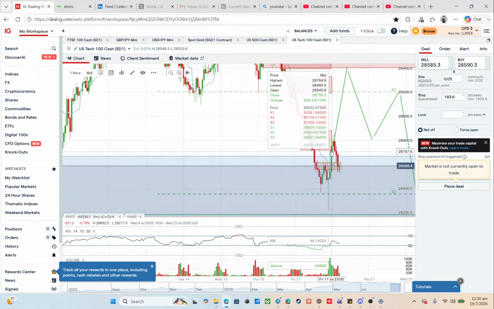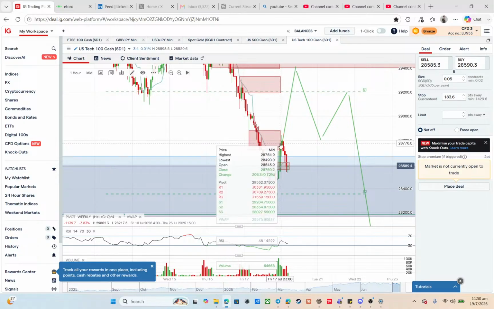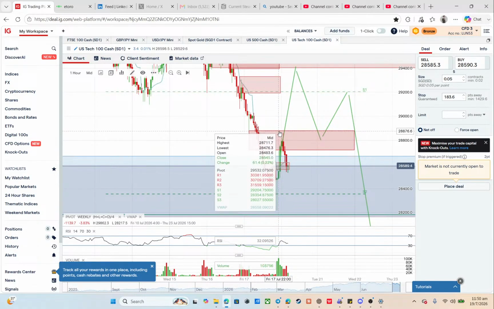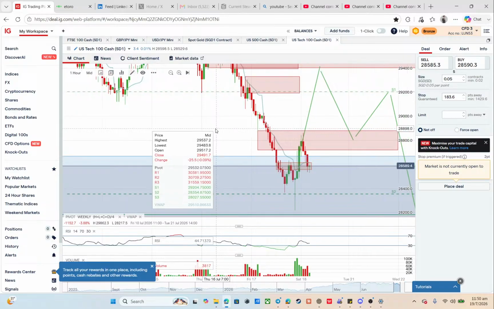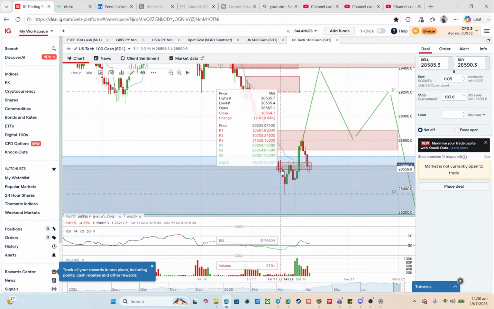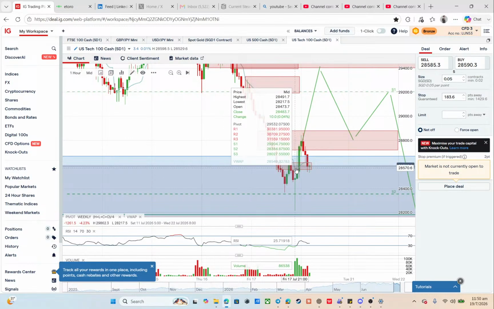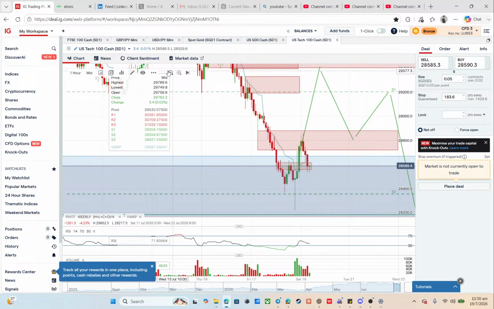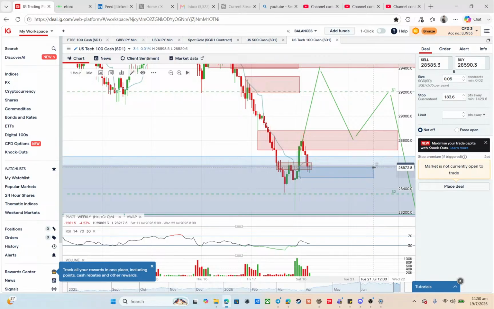Then it went all the way up here to tap this sell zone, and came back down to this sell zone, which is also the buy zone, because it rallied. So this is the mini buy zone on the 1 hour time frame.